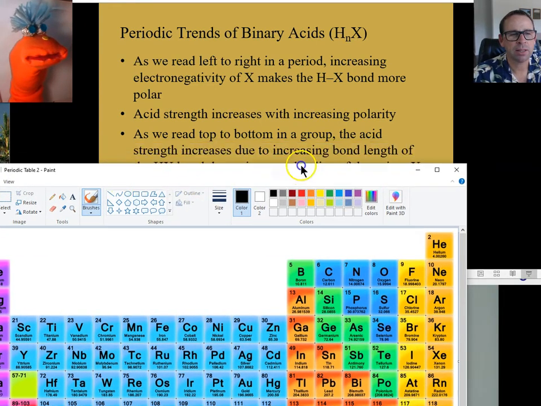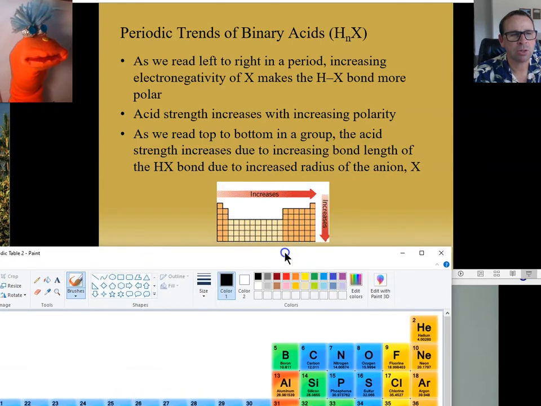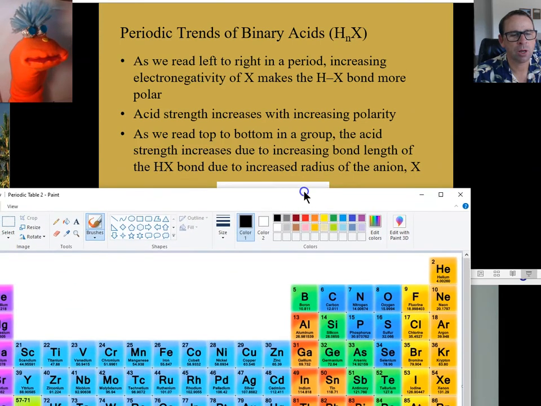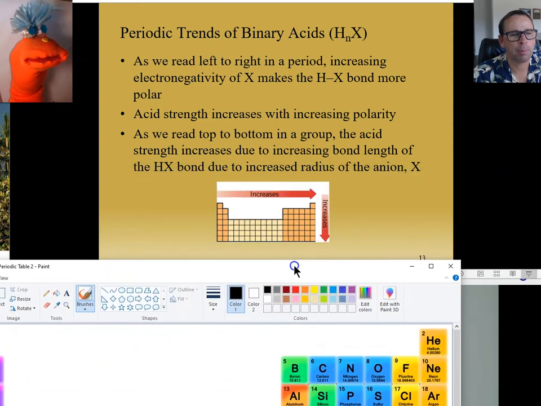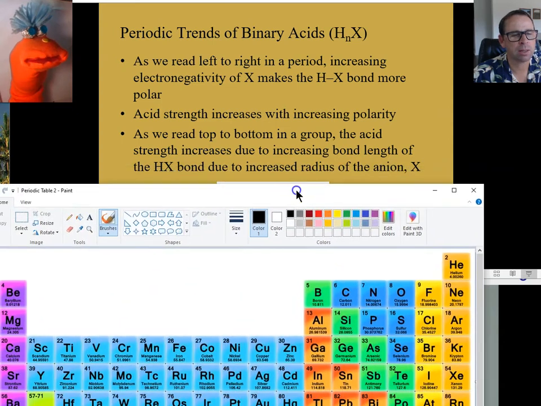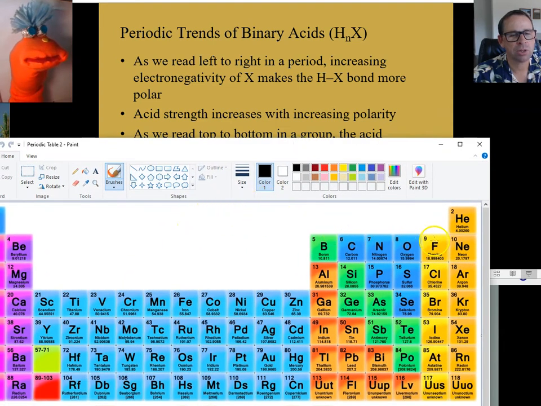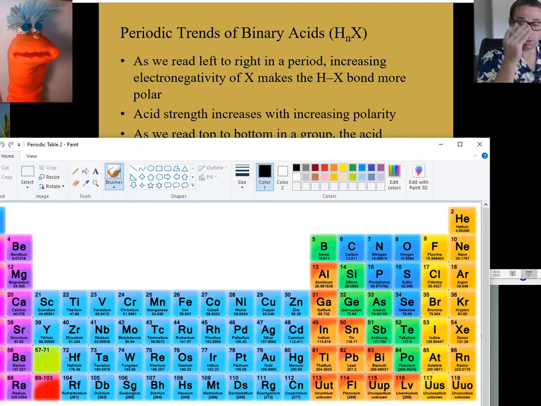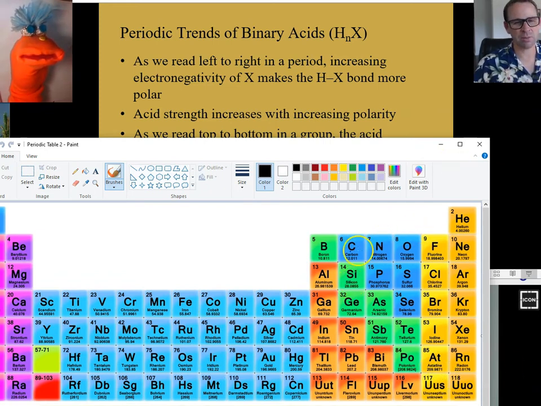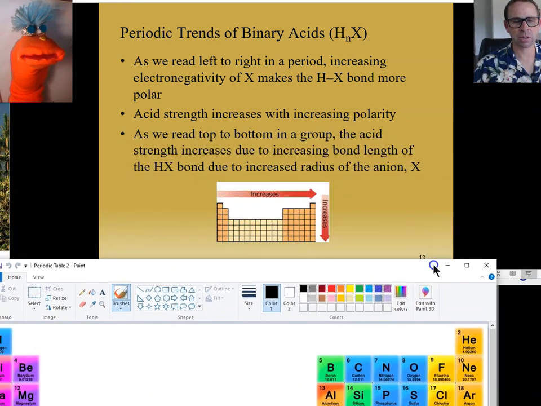So the acid strength increases with electronegativity as you go from left to right, but then it increases as you go from top to bottom. We shouldn't say electronegativity for that, because it's only for left to right, but then as you go down, acid strength actually increases.